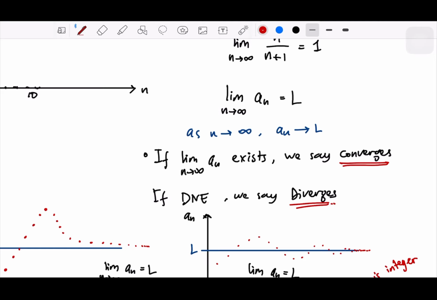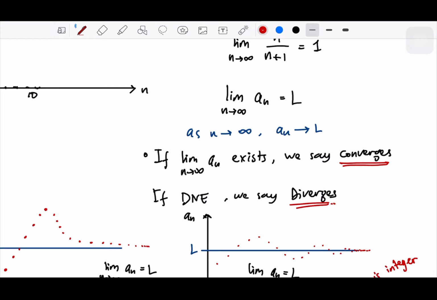If it doesn't exist, it diverges or is divergent. If you focus on the words, converge means in English it's going to be focused in one direction, while diverge is going to spread out, which means that it can have many possibilities, which means the limit itself doesn't exist.